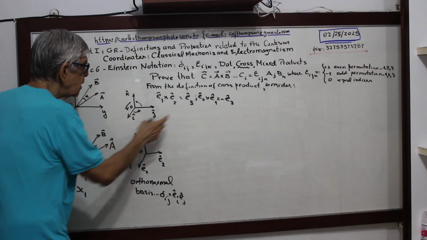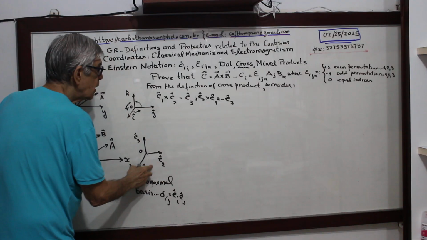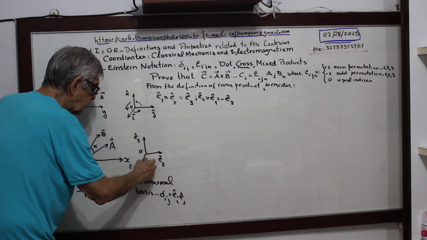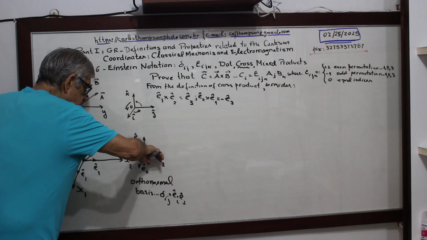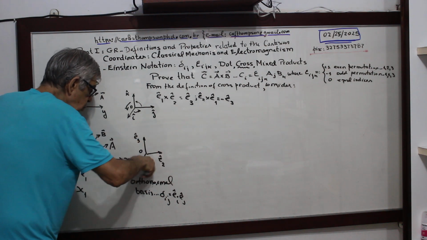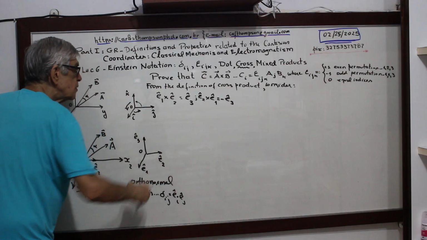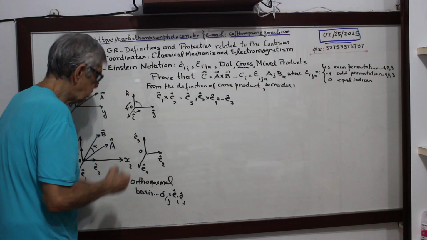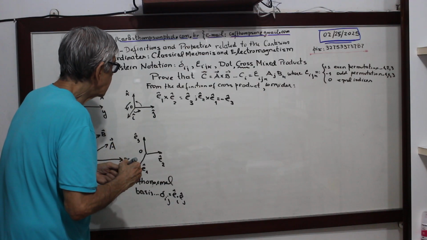Just look here, e2 cross e1. I rotate e2 to reach e1, so I have minus. And this happens with the other unit vectors.